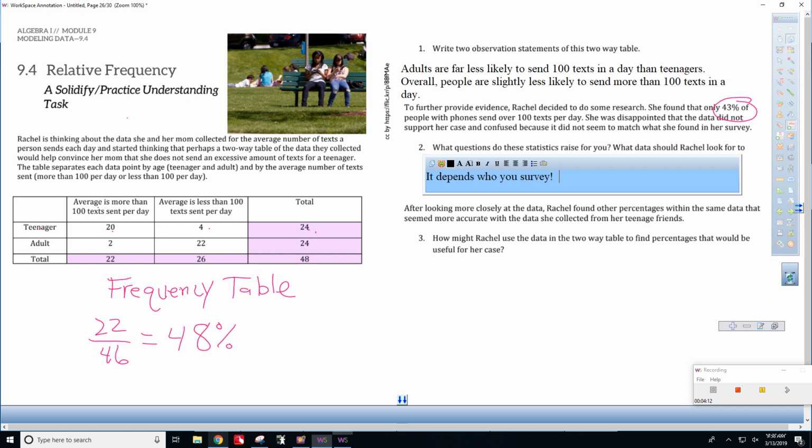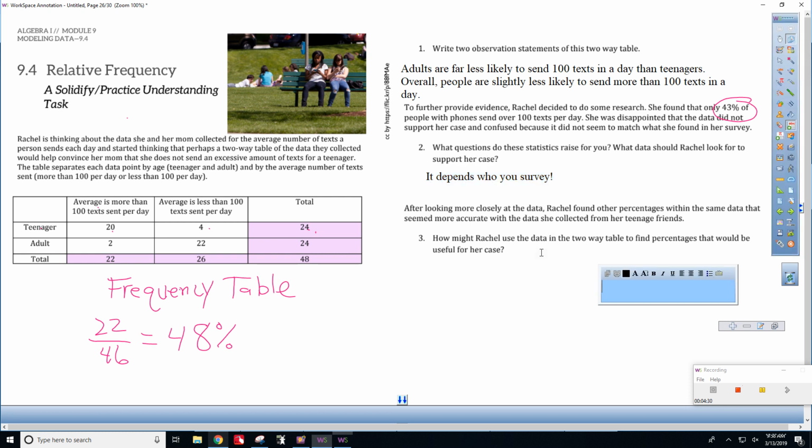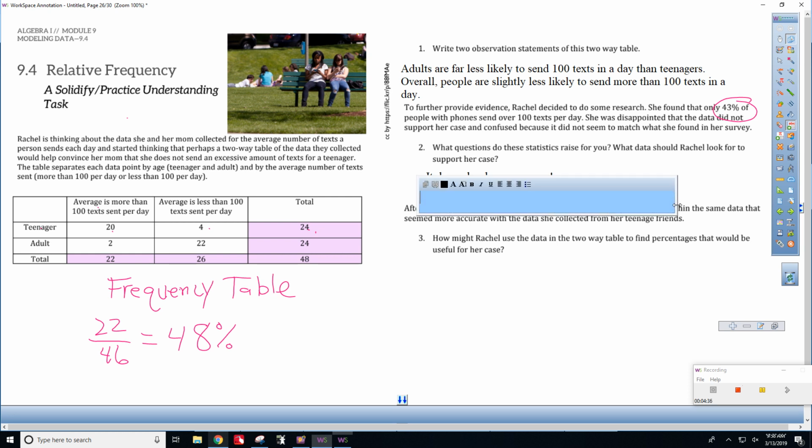So that's one of the things. It depends who you survey. What data should Rachel look for to support her case? Survey a large group from a wide variety. Does that make sense? All right.